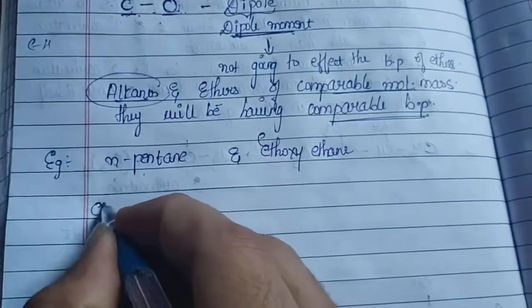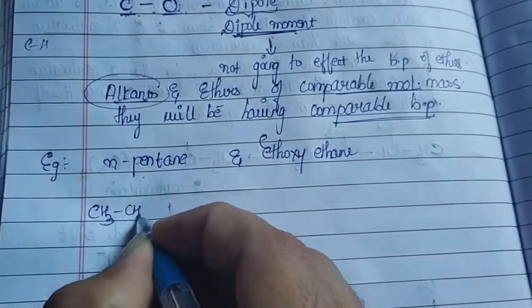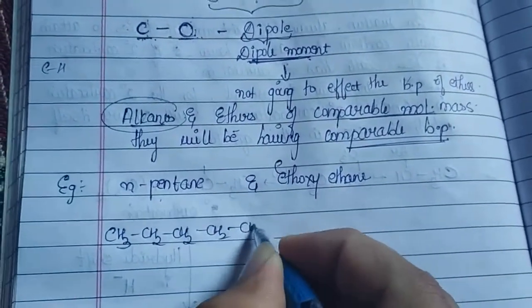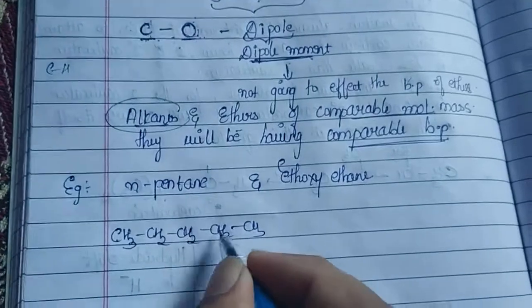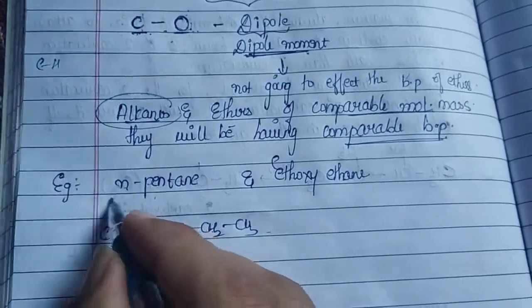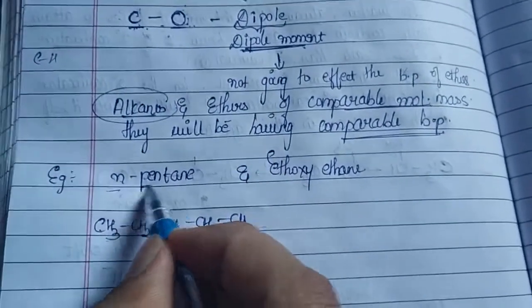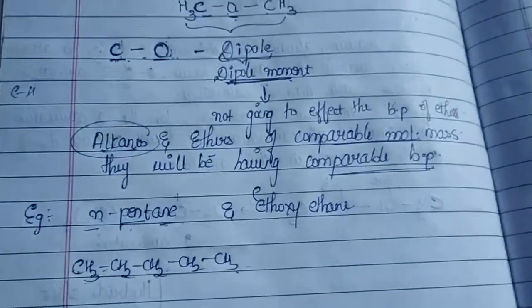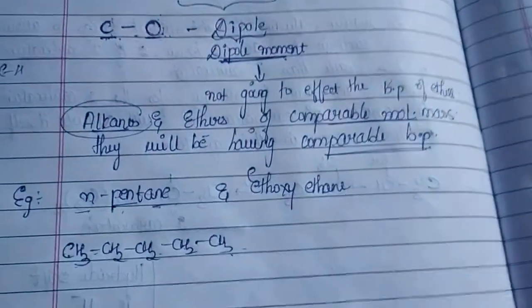CH3, CH2, CH2, CH2, CH3. N means normal, means straight chain. Pent means 5 carbon atoms. A-N-E means it belongs to the alkane homologous series.